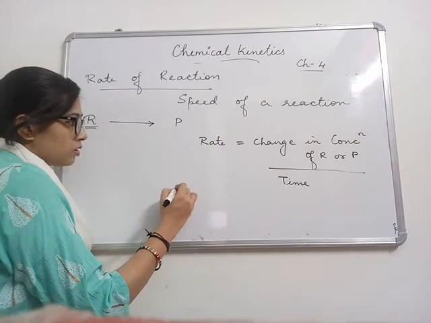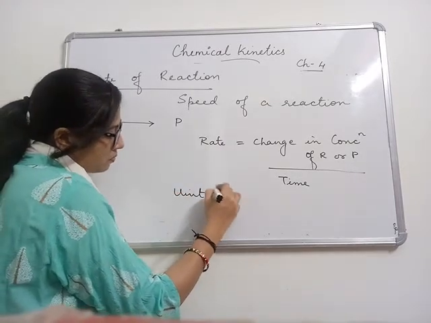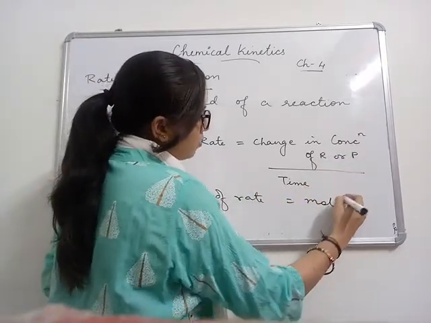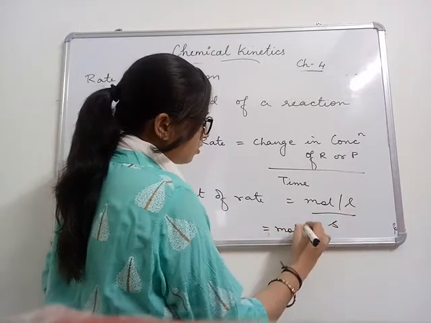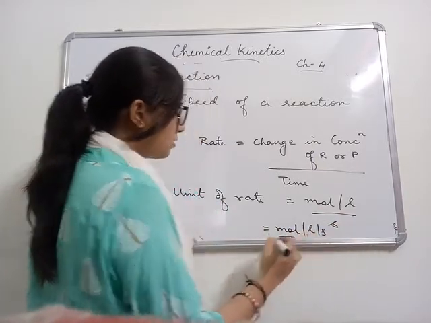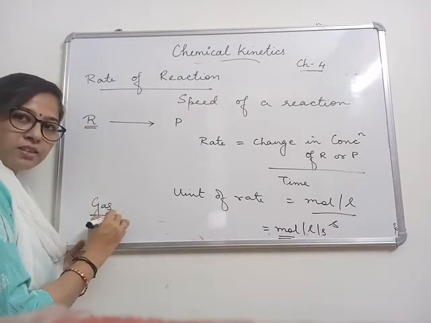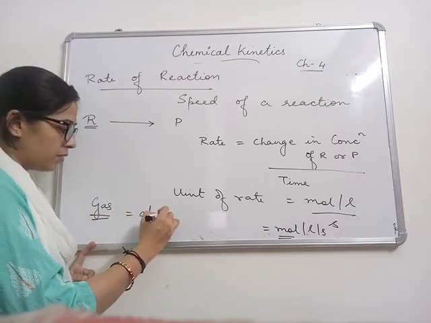And the unit of rate would be, concentration would have the unit mole per liter and time in second. So the unit is mole per liter per second. And if the reactants are in gas phase, we will express the concentration as pressure.